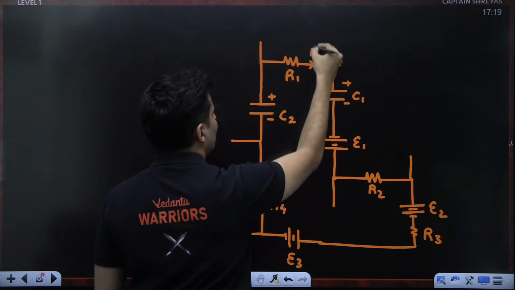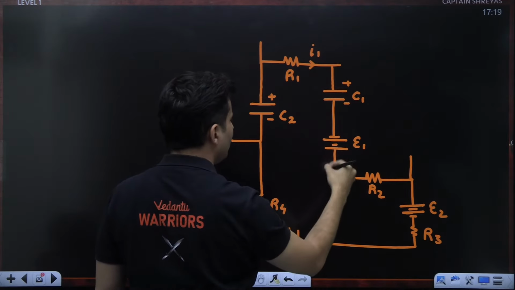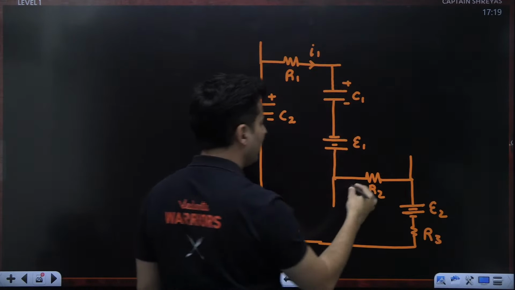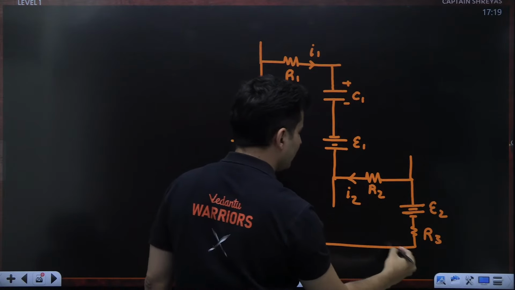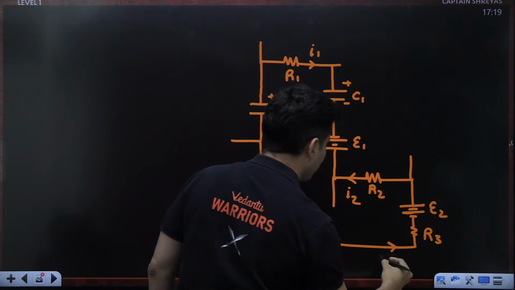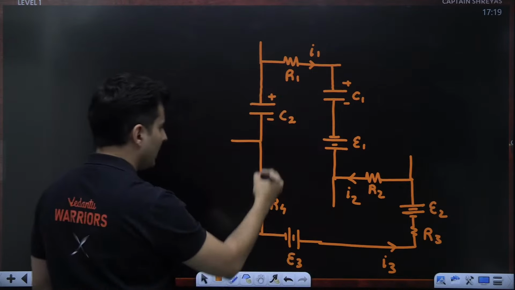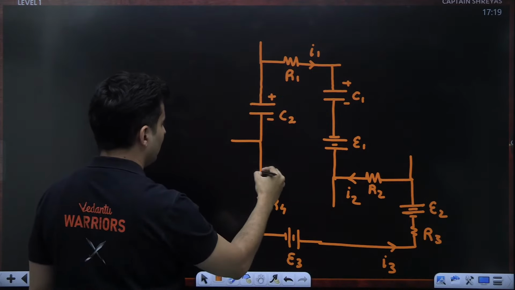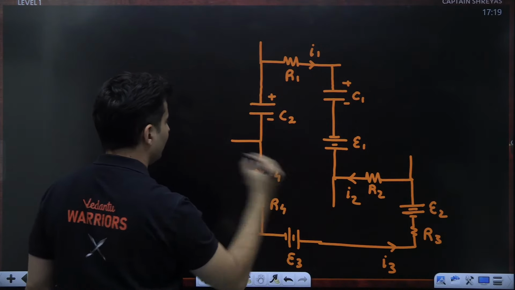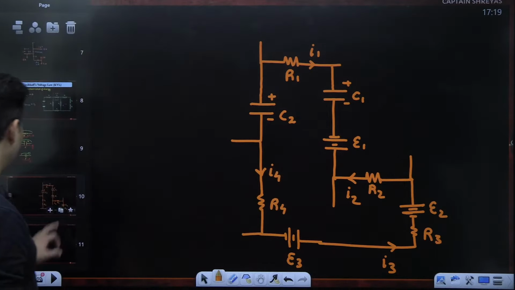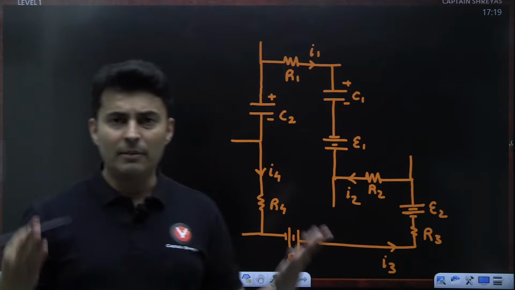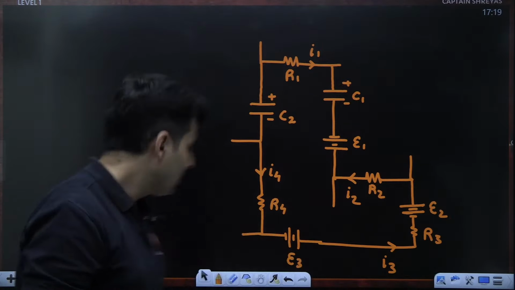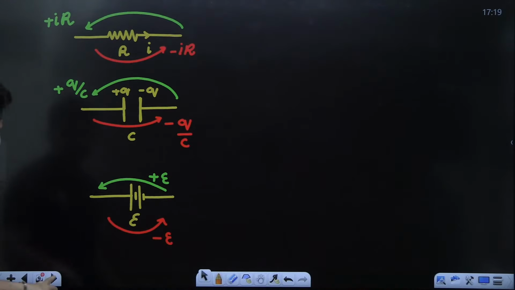Let's say this is I1 over here. Maybe this part I don't need the current. Let's say current over here is I2, the current over here is I3, and the current over here is I4. I've just taken some random circuit, guys, and I'm trying to figure out how I will apply Kirchhoff's voltage law based on this sign convention.